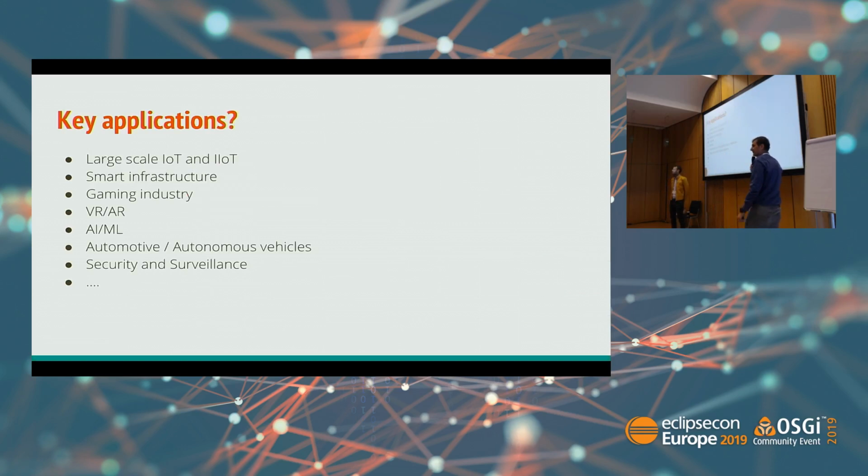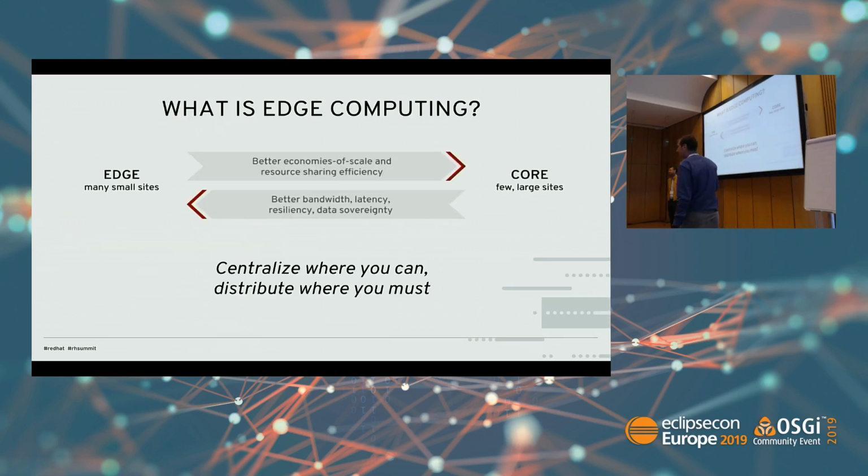Why do you centralize when you can and distribute when you must? You could also argue that you should centralize when you must and distribute when you can. I think there are also compelling reasons to do that, right?